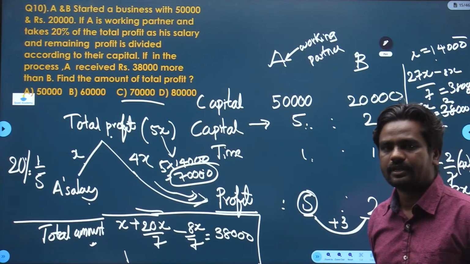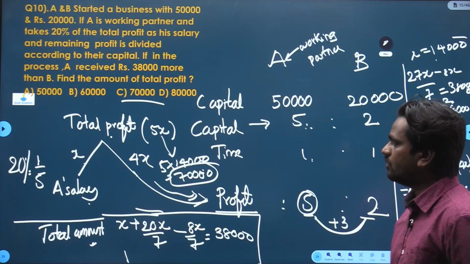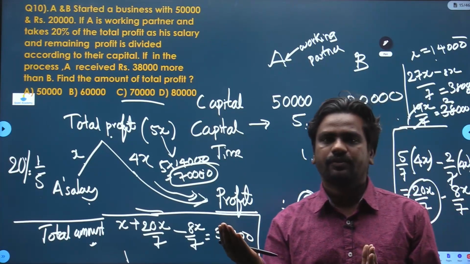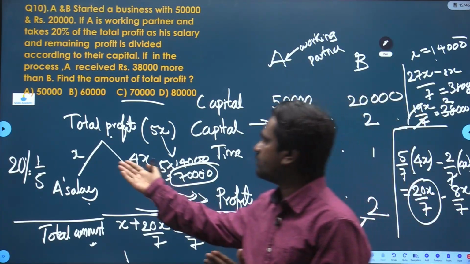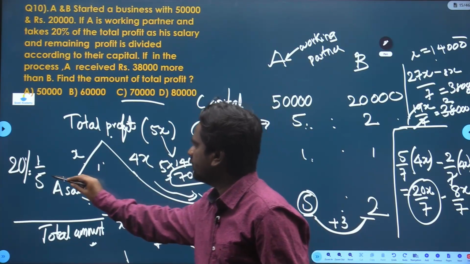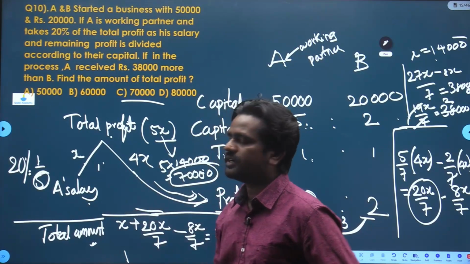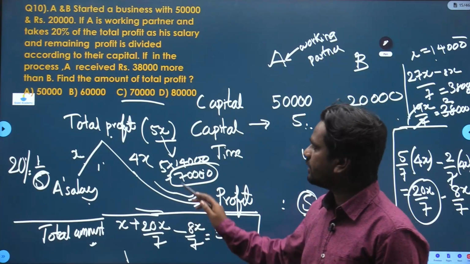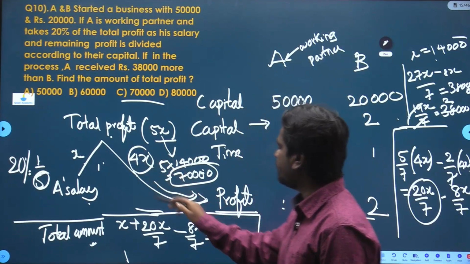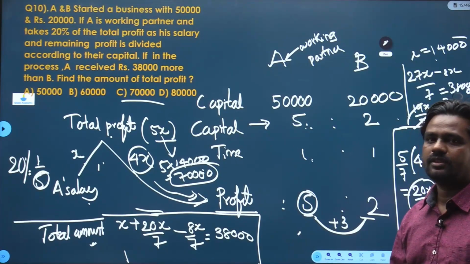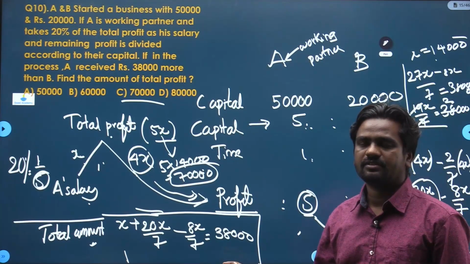For his working he is getting 20%. So if we assume 5x as profit, he is getting x as salary. Then the remaining profit will be redistributed based on the business rules.